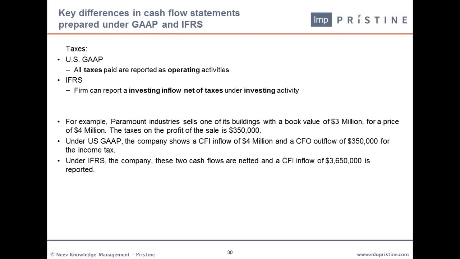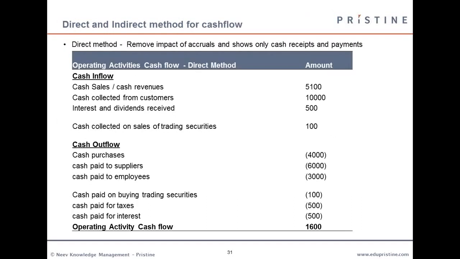However, in case of IFRS, these two cash flows can be netted, and only an inflow of $3,650,000 can be reported directly. So that's one of the key differences in these two standards.